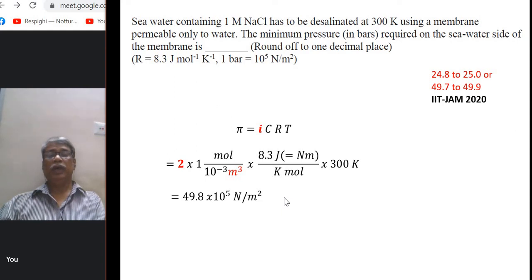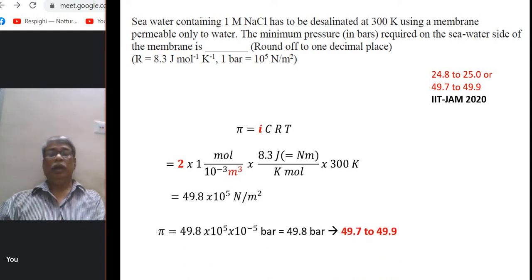So the unit finally comes in SI in Newton per meter square. So the answer is 49.7 to 49.9 if you include i. But if you are interested in the theoretical value, not the experimental or observed value, then i will be omitted, and then you will get the answer. The other answer was given as 24.855.